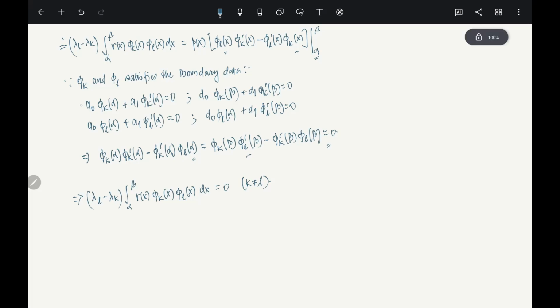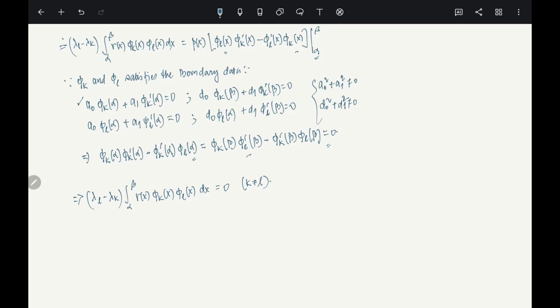See, if you remember again, what is the condition here for this thing to work? a0 squared plus a1 squared is non-zero, and the condition here is d0 squared plus d1 squared is not 0. What does that mean? It means that this system has a non-trivial solution. The trivial solution is of course there, but this system has a non-trivial solution.